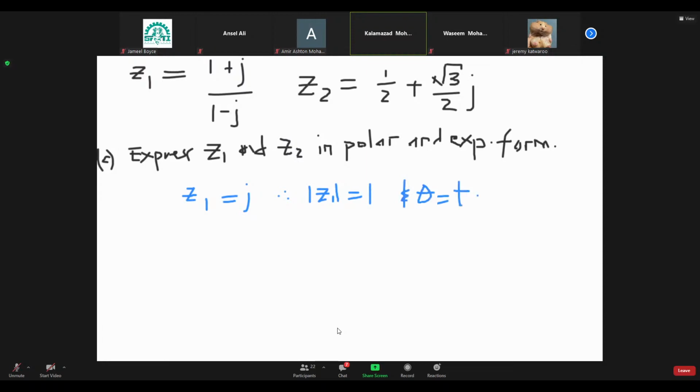And that's tan inverse of 1 on 0, is it?